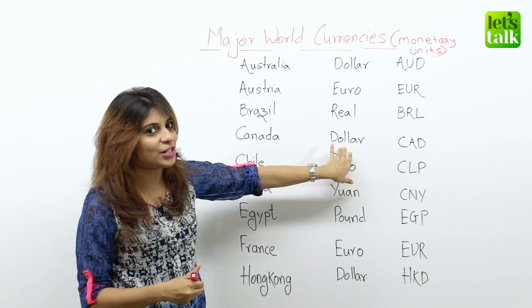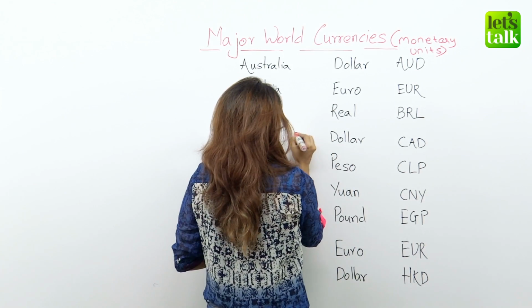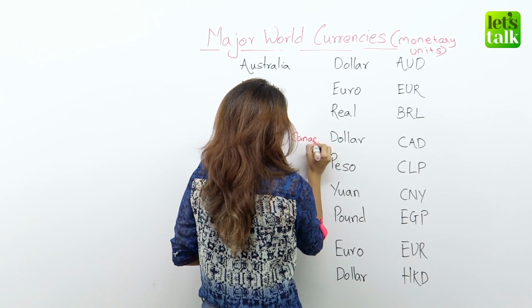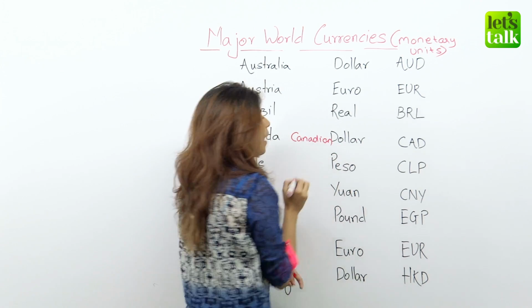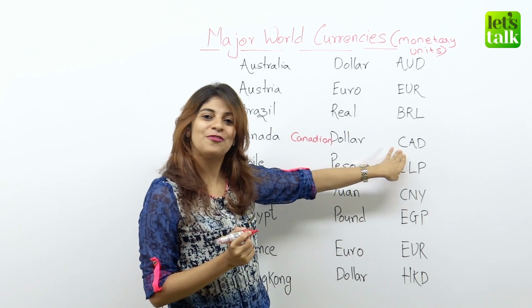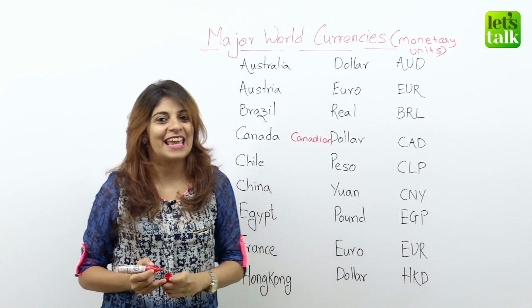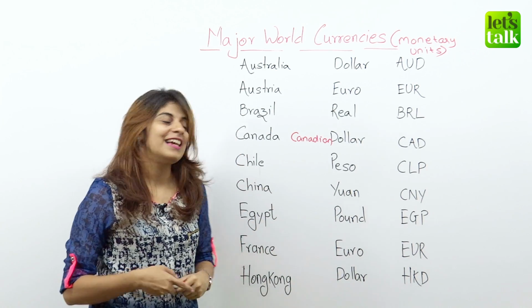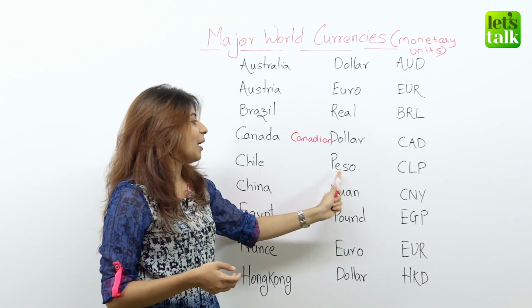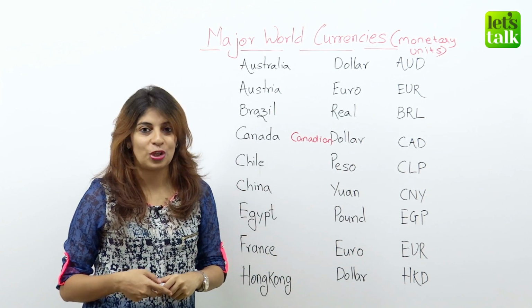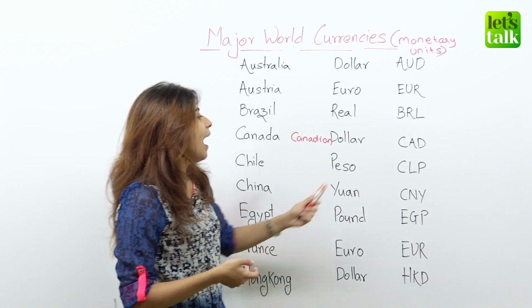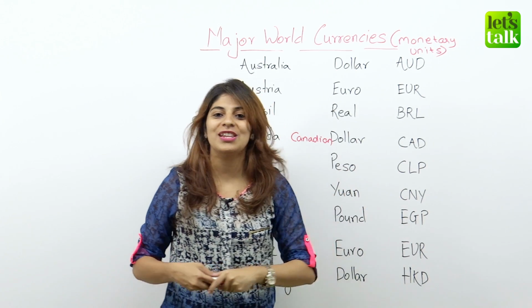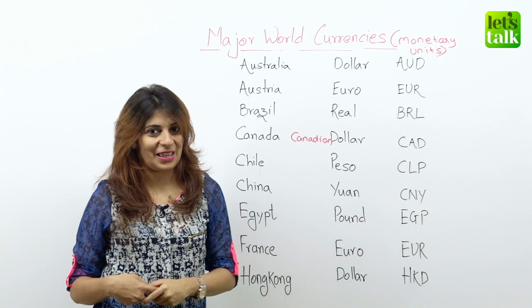Okay, it's Canadian dollar to be specific. And the ISO code for Canadian dollar is CAD. The next one is Chile. Now in Chile, the currency that people use is peso, and the ISO code is CLP.